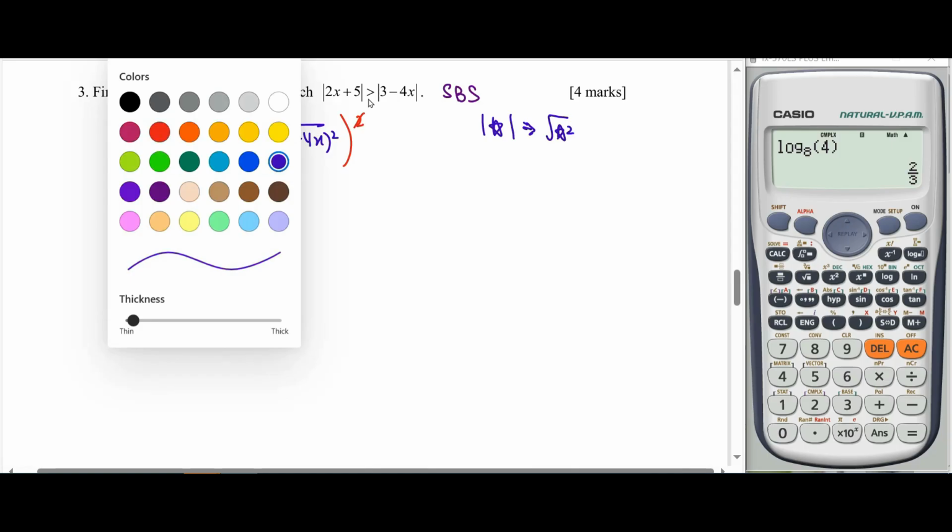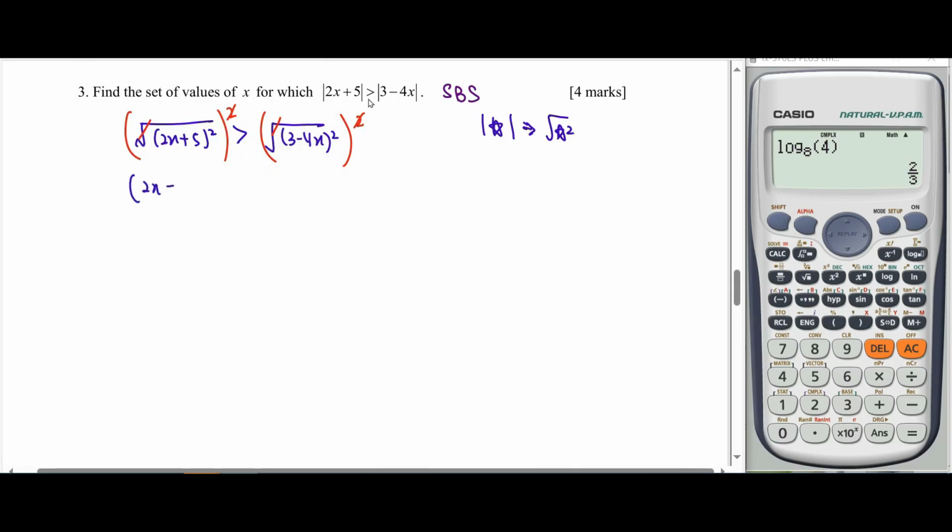Leaving inside here will be (2x plus 5) squared, and then this is (3 minus 4x) squared. Expand this. Alright, when we expand, bear in mind (a plus b) squared will be a squared plus 2ab plus b squared.